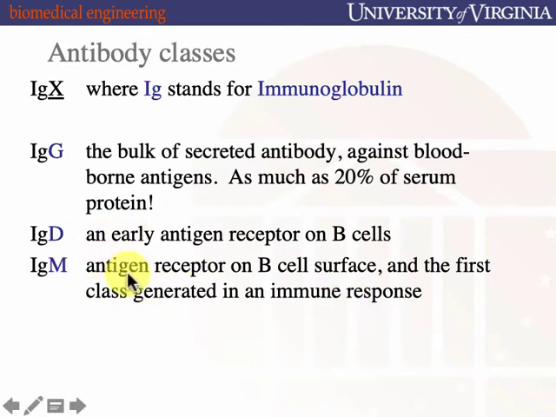IgM, if there's an early predecessor of IgG, there's the first, and IgM is that. IgM is the initial antigen receptor on a B cell surface and is the first class generated in an immune response. One B cell is going to make one kind of IgM, only one sequence of IgM.